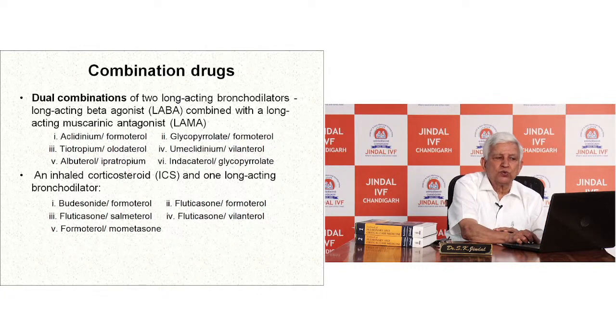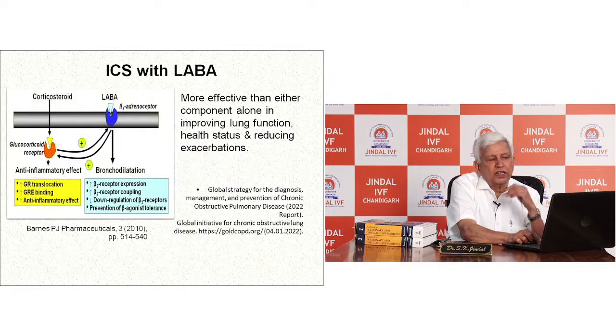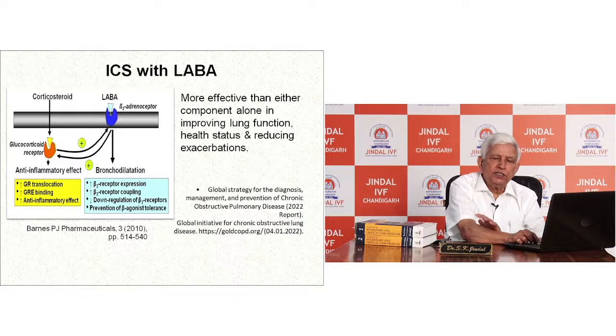What is important to know is that combination inhalers are very useful. And as you can see here, the combination of ICS and LABA is more effective than either component alone. I think that was a very important finding a few decades ago, that for use in asthma, it is the combination of the LABA and ICS which is more effective, because corticosteroids act on the glucocorticoid receptors for their anti-inflammatory effect.